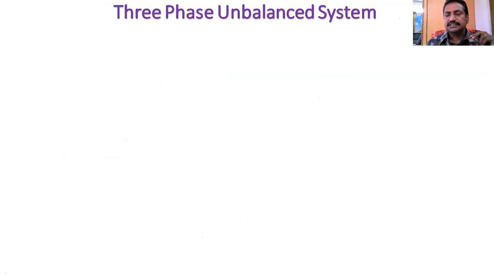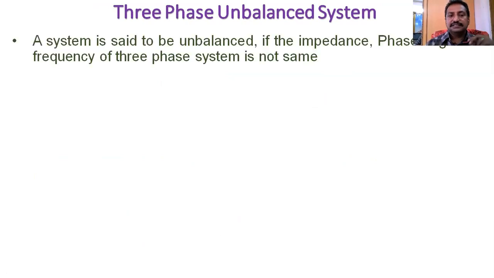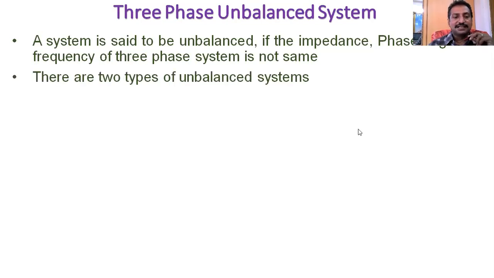See here, three-phase unbalanced system means that a system is said to be unbalanced when the magnitudes of sources or impedances on the load side differ, as well as phase angle may differ or frequency may differ, in case of a three-phase system. Such a system is called an unbalanced system.